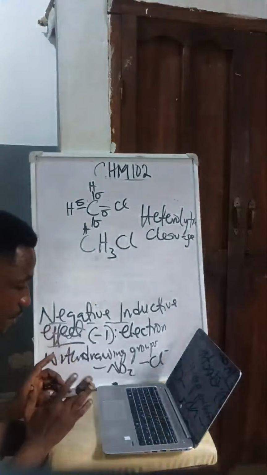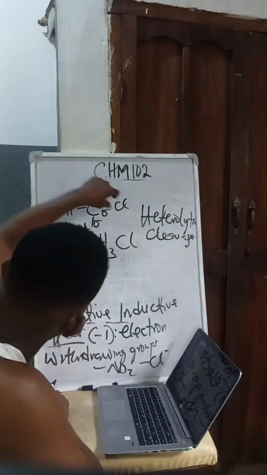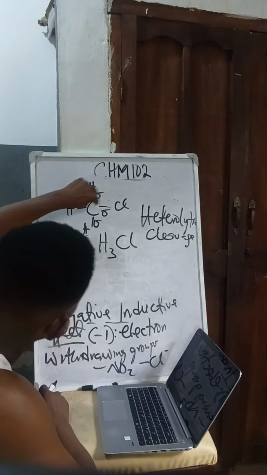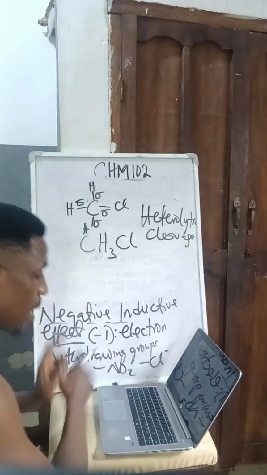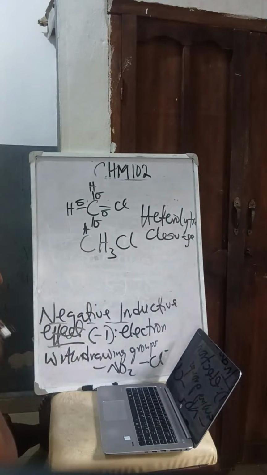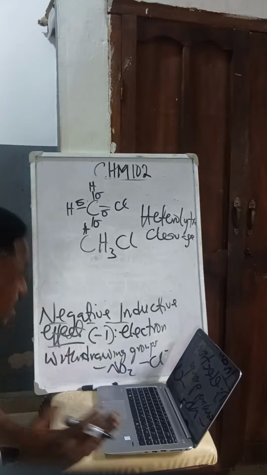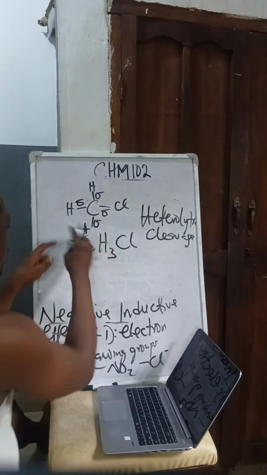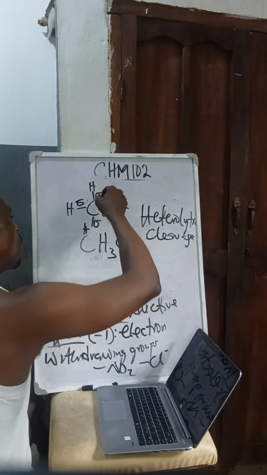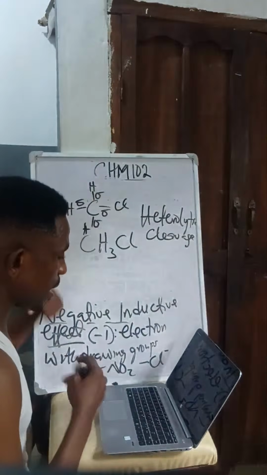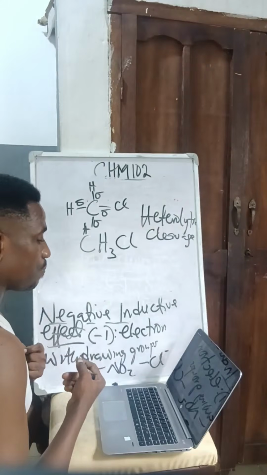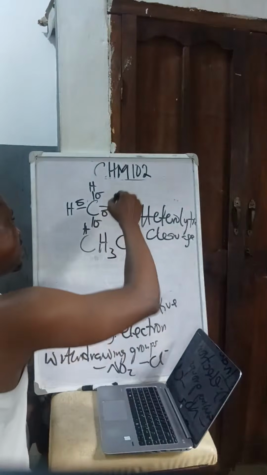I hope you know what heterolytic cleavage is. Heterolytic cleavage is breaking of a bond when they are of different electronegativity. One takes the positive charge, the other takes the negative charge. That is exactly the kind of thing that will happen here. So, which one will withdraw the electron? Which one will donate the electron? Okay? The one that will take in the electron is chlorine.